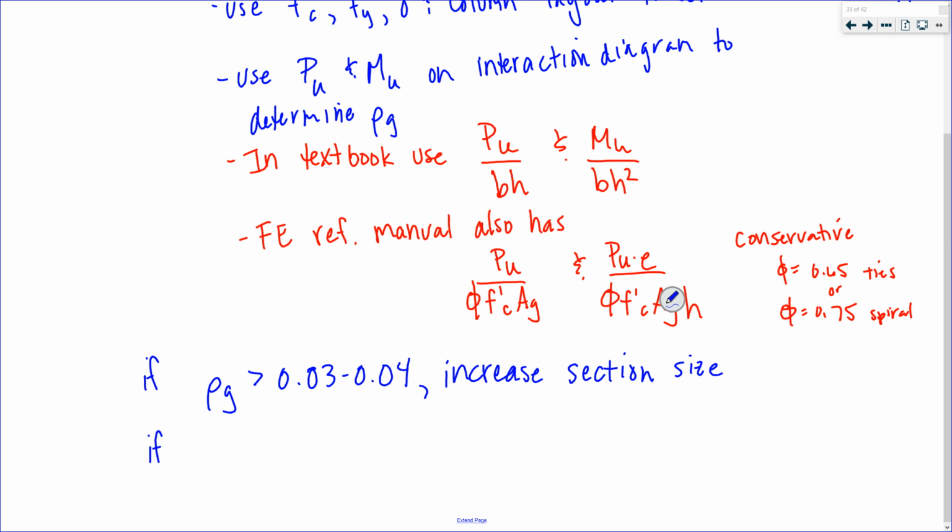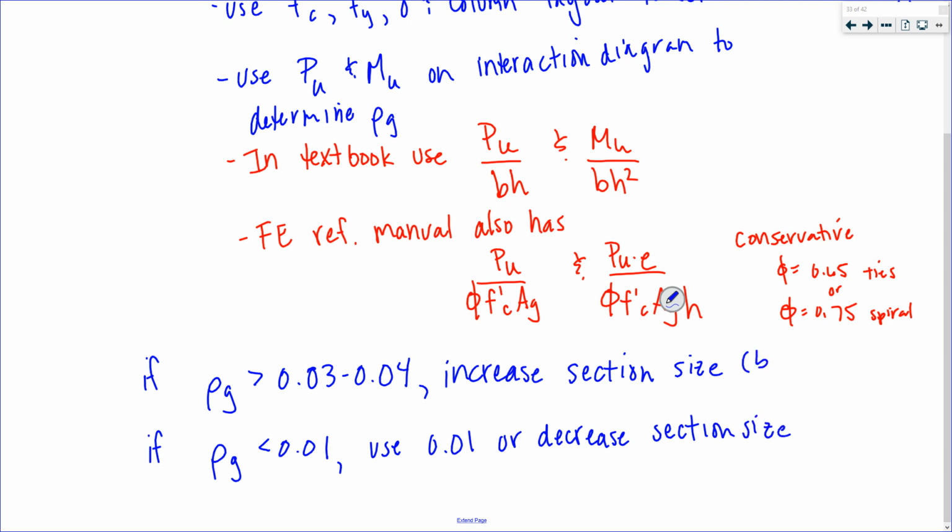If rho G is less than 0.01, use 0.01 or decrease your section size. By section size, I mean your height and width, or your side.